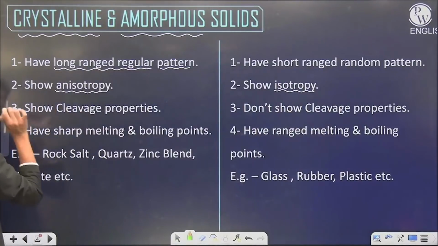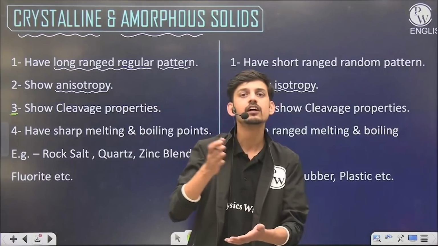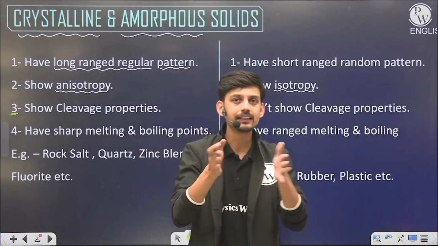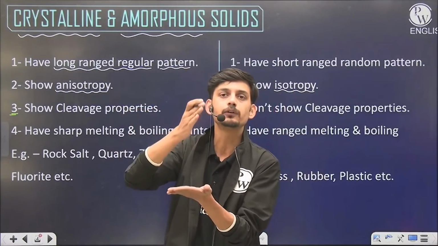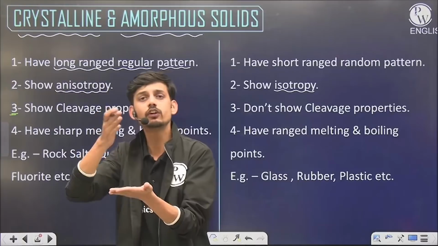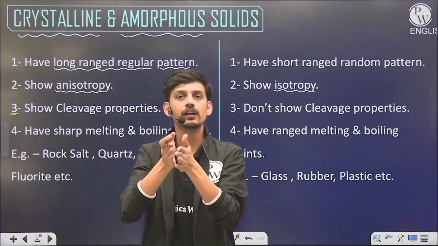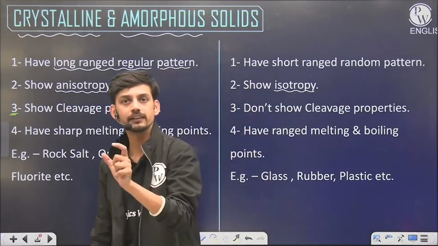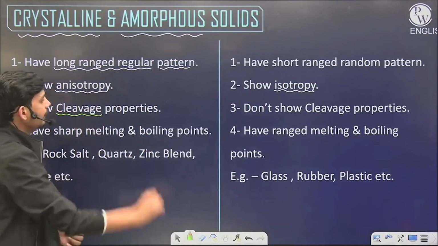The third property is that crystalline solids show the cleavage property. Cleavage means to cleave, to cut or to separate the portions. If we cut a crystalline solid with a very sharp tool, like a sharp knife or saw, then the new surface generated will be smooth. This is called the cleavage property. So crystalline solids, due to their structure, show cleavage properties.